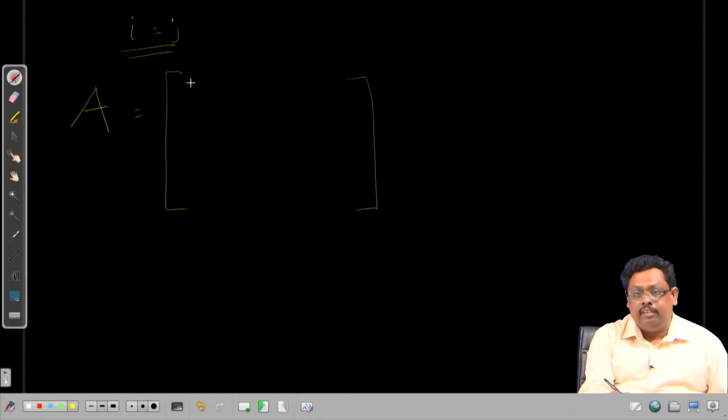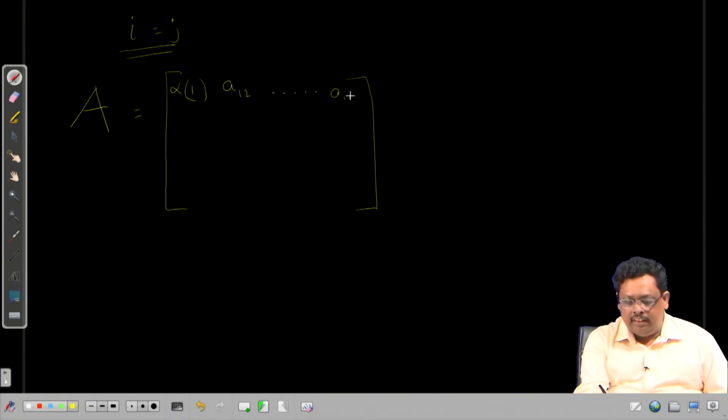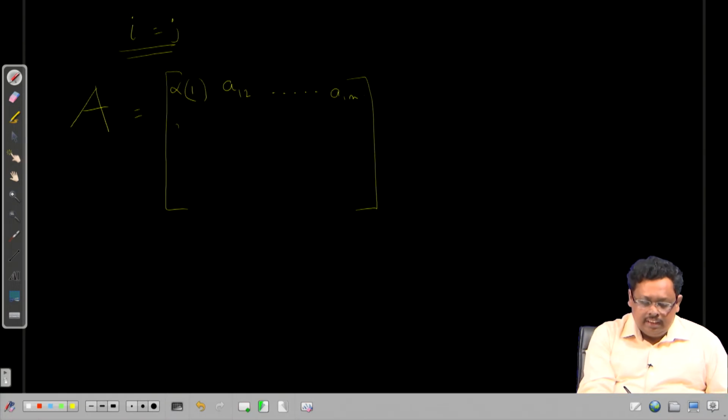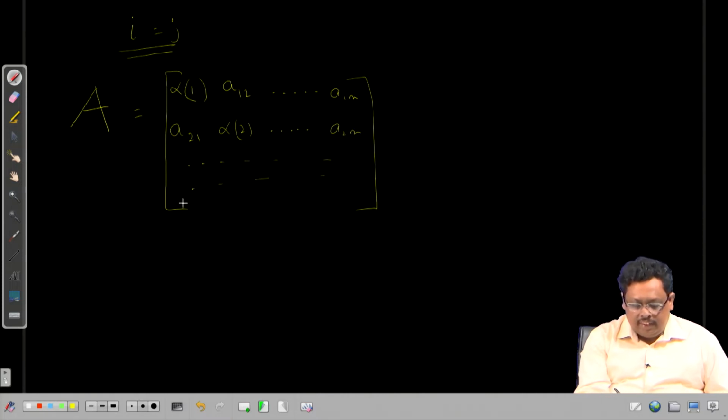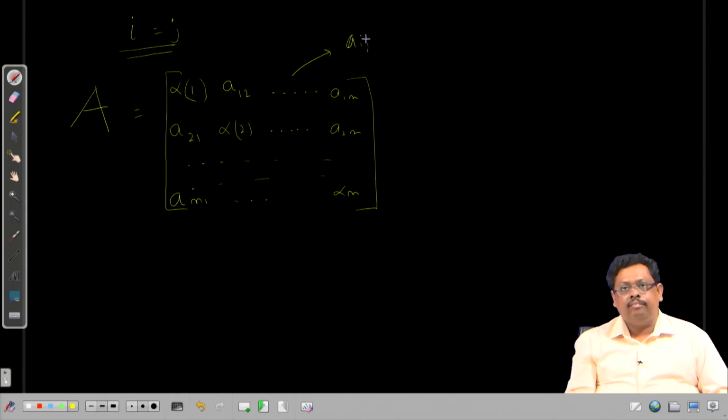The first point for phi 1 should be alpha 1, I call it alpha 1 because for i equal to 1, and then it is A_12, and in this way it will go to A_1n. Then it is A_21, and I call this alpha 2, and then it is A_2n, and in that way it is going, and finally it is A_n1, and then it is alpha n. So, this is how I should write my A_ij matrix.